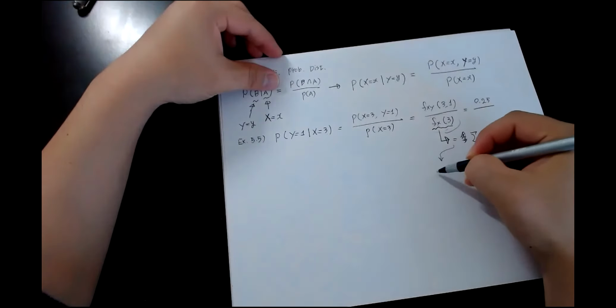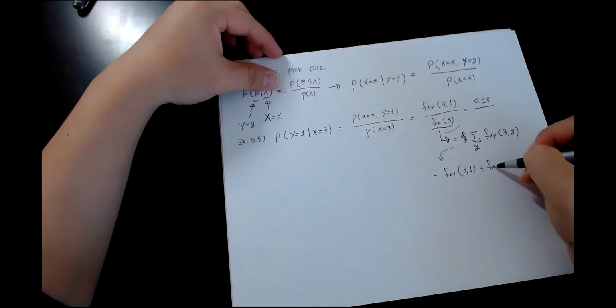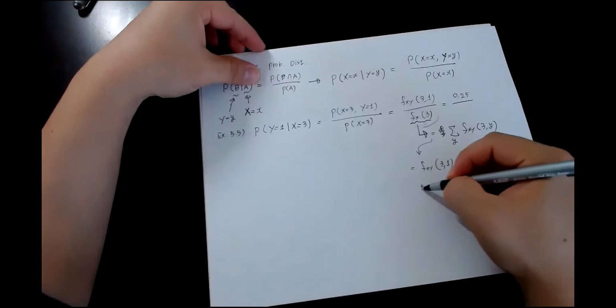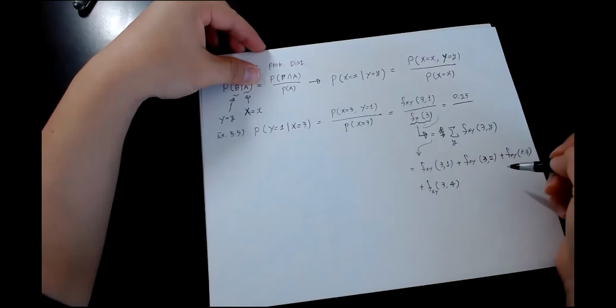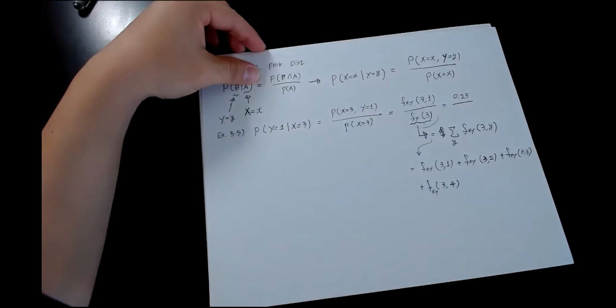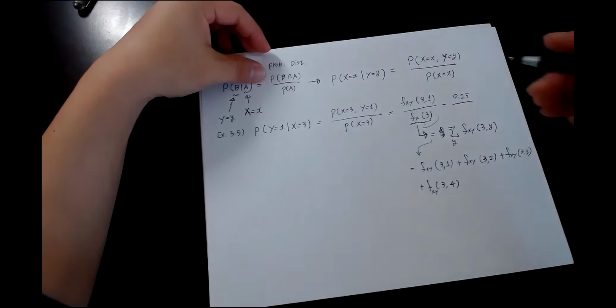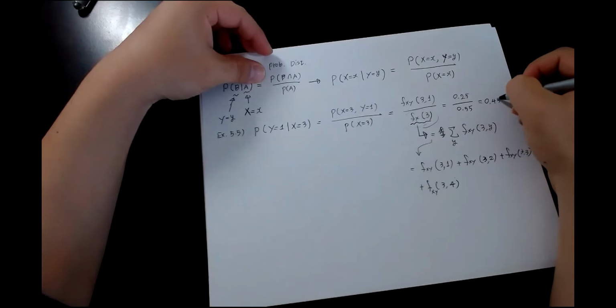So that is f_XY(3, 1) plus f_XY(3, 2) plus f_XY(3, 3) plus f_XY(3, 4). Adding them up, from the table we get 0.55. So the answer is 0.25 over 0.55, which is 0.454.